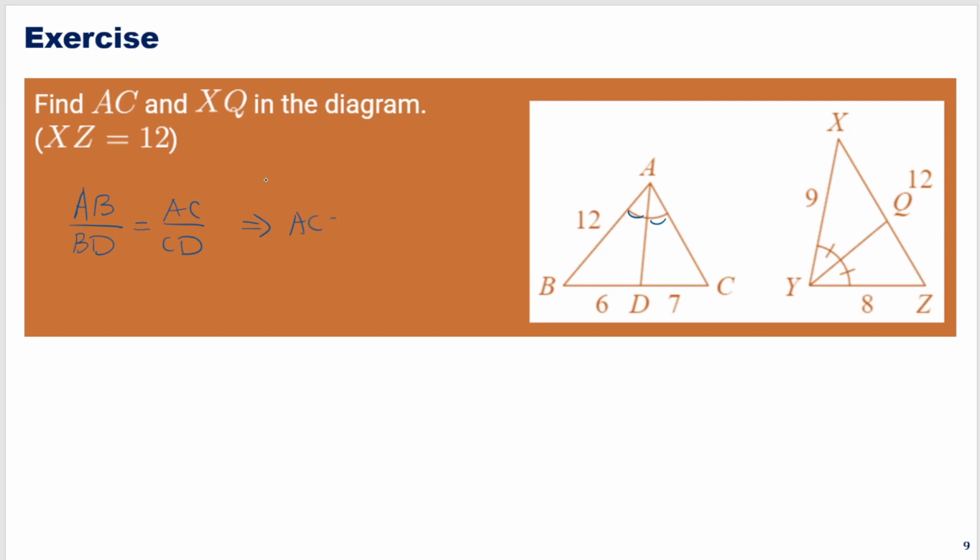So AC should equal AB times CD over BD. Putting all the values in, we have 12 times 7 over 6, which gives us 14. Therefore, AC equals 14. Okay, how about the next one?